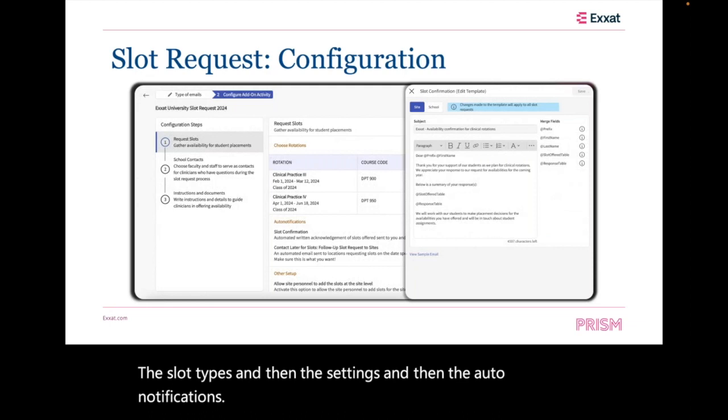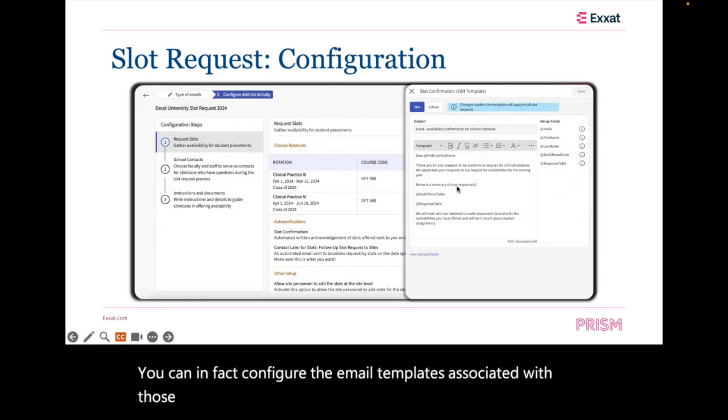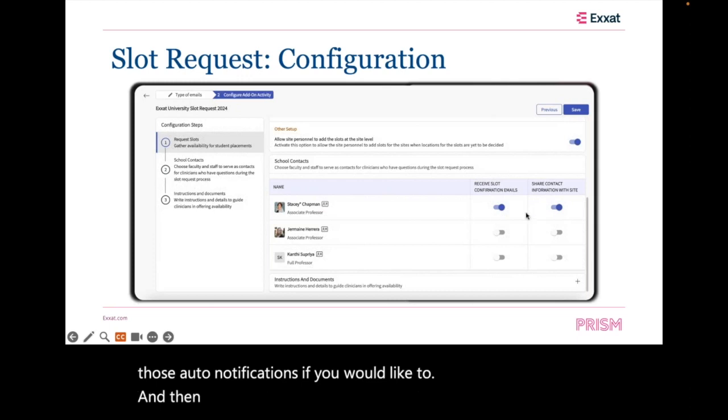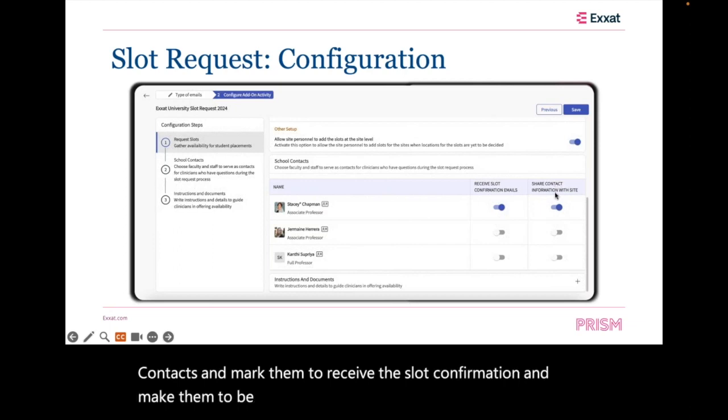You can in fact configure the email templates associated with those auto notifications if you would like to. And then obviously you choose your contacts and mark them to receive the slot confirmation and make them the contact person to the site.